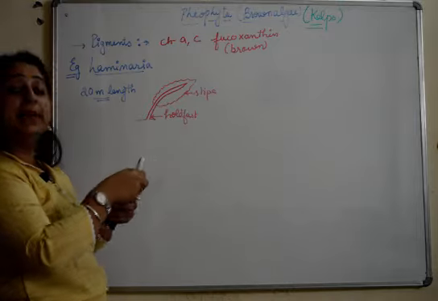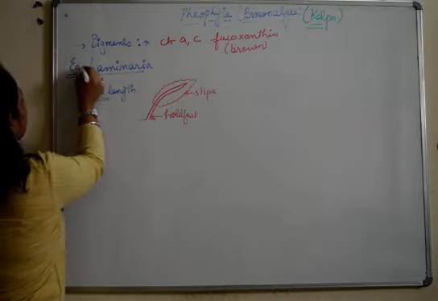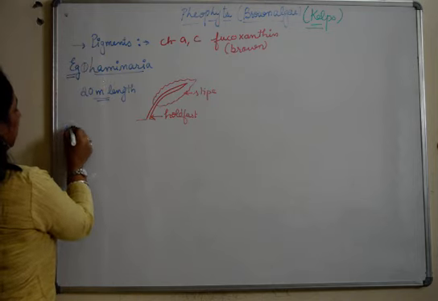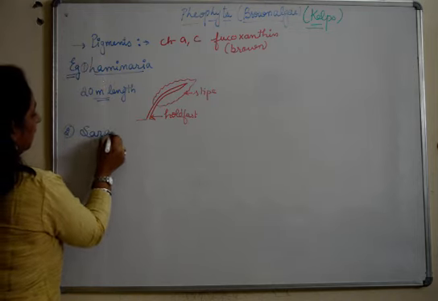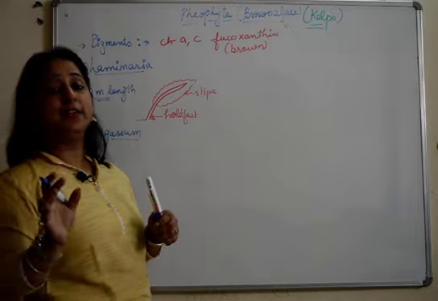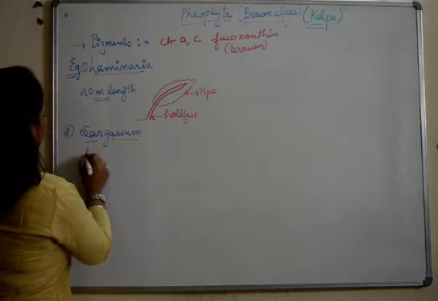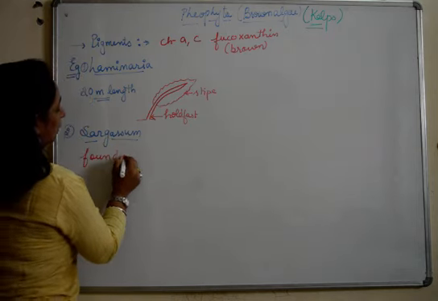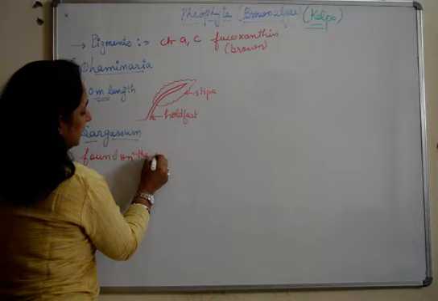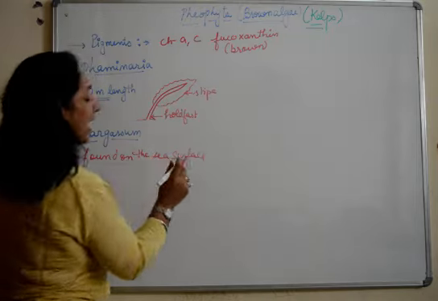Next, after Laminaria, the second example is Sargassum. Now Sargassum is a kind of alga which is generally found on the sea surface, forming an entangled mass.